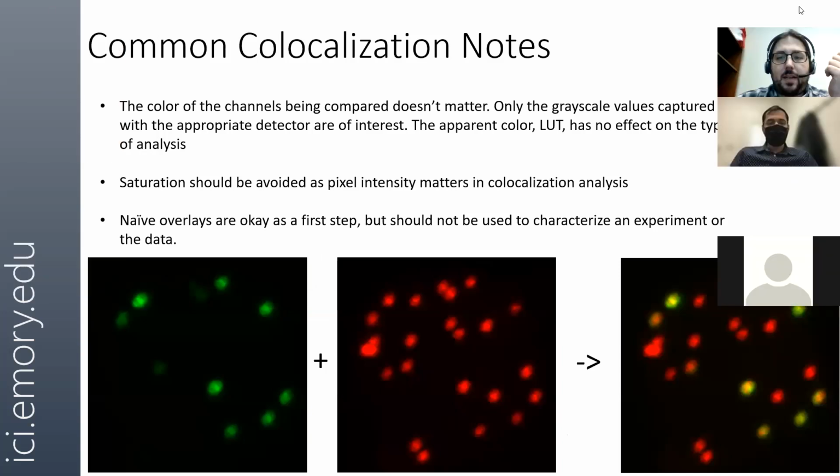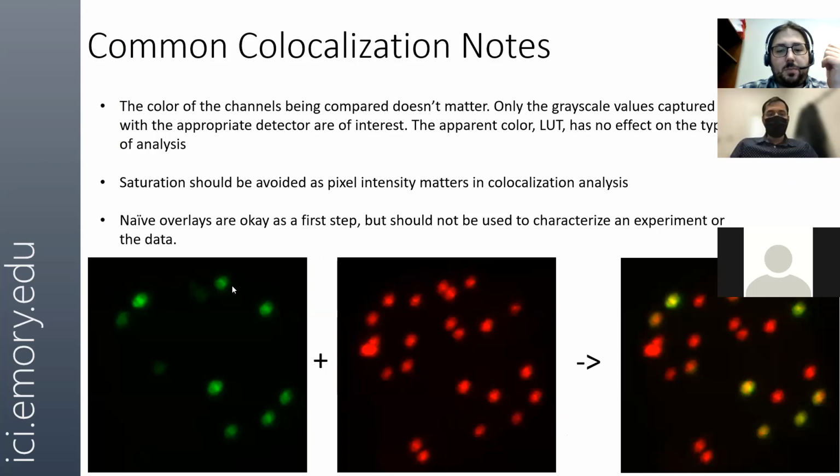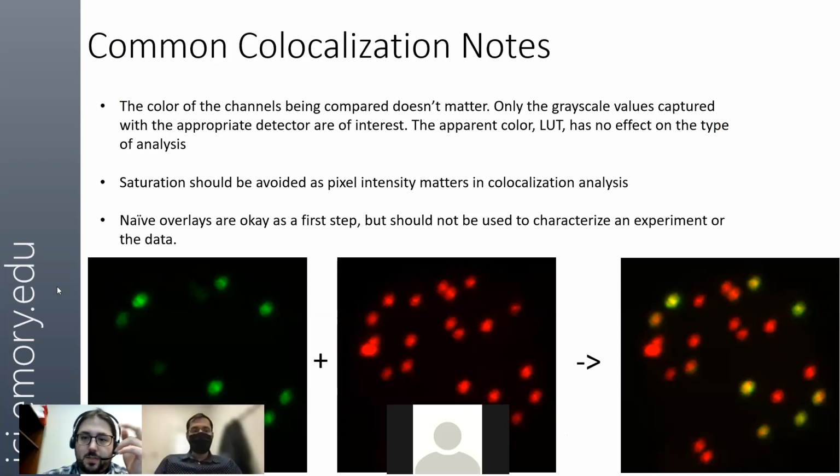The overlapping of two images as well. I mentioned we want to be cautious when we're analyzing images just by eye, because our eyes did not evolve to perform fluorescent microscopy.